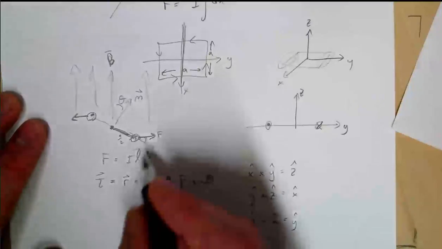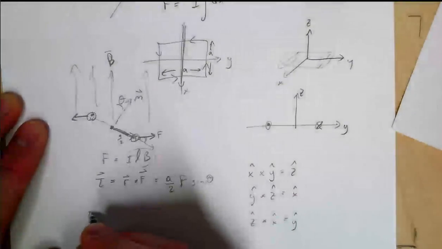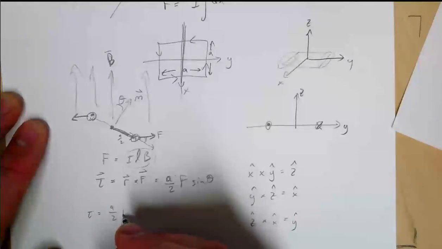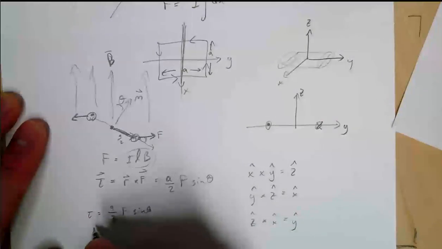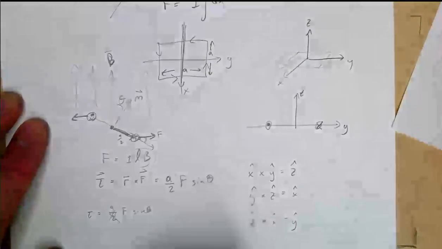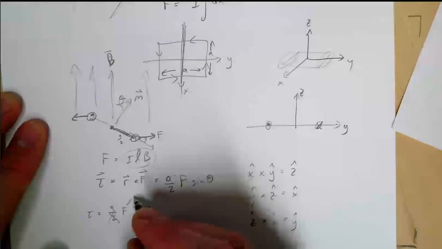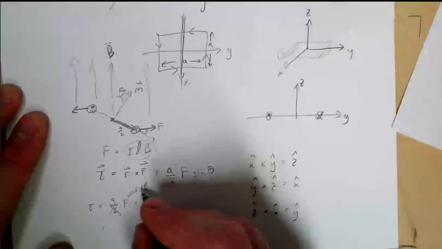So in other words, if you compute the torque on this one and the torque on this one, you'll end up getting something that looks like A over 2 times the force times sine theta, and then the total torque is going to be twice that much. So I'll take away my factor of 2 here, and the force is going to be equal to ILB in this case, so that's going to be IAB in our case.